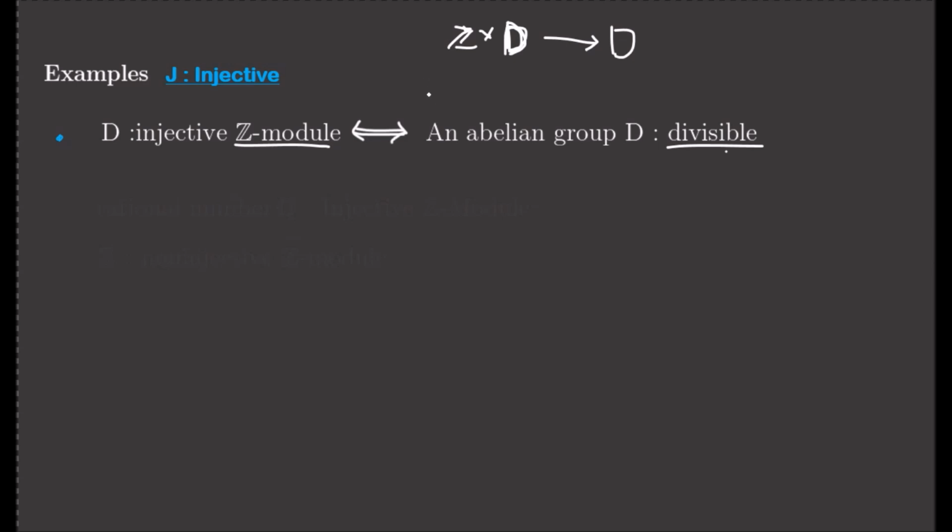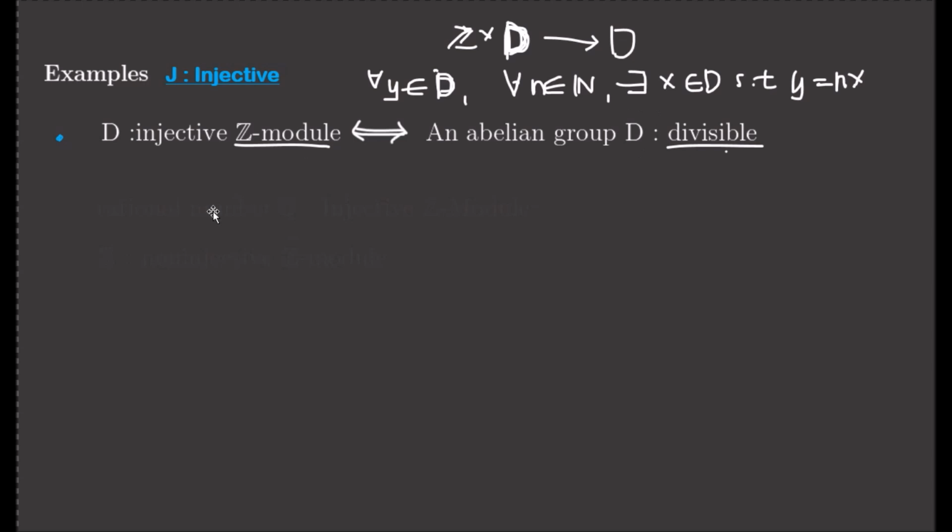The definition is here. First, choose any element y in D. Then, for any arbitrary natural number m, we can find x in D such that y is mx. Then the abelian group D is called divisible. So the equivalence condition is that D is an injective module if and only if the abelian group D is divisible.